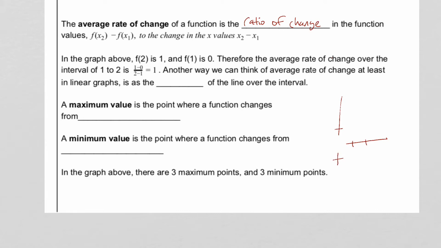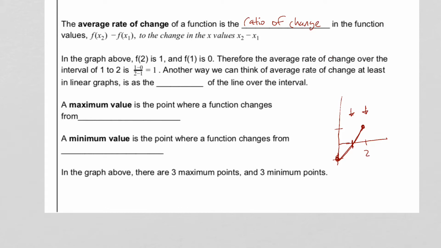I'm just drawing the graph that you have on the page in front of you. So you can see it on this screen a little bit, but right between 2 and 0, this is what the function looked like. And so basically, if we're trying to find the average rate of change over the interval from 1 to 2, we're talking about from here to here is the interval.